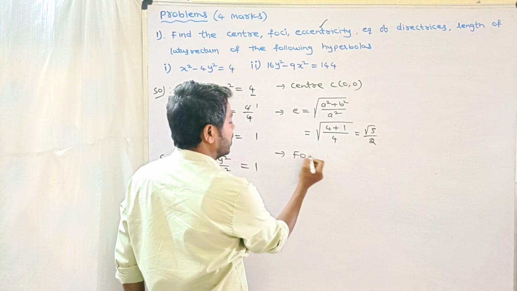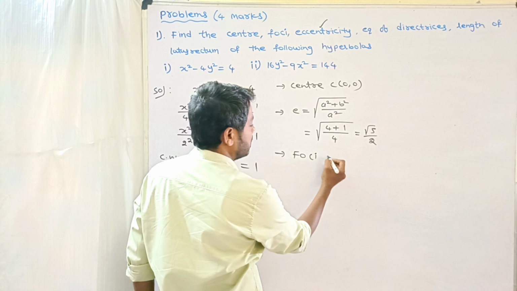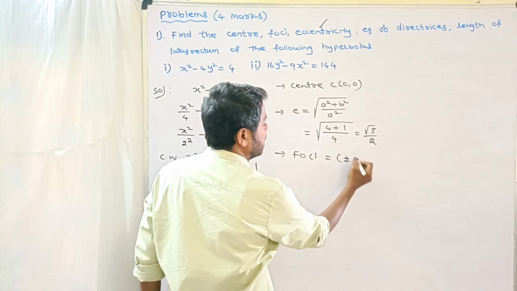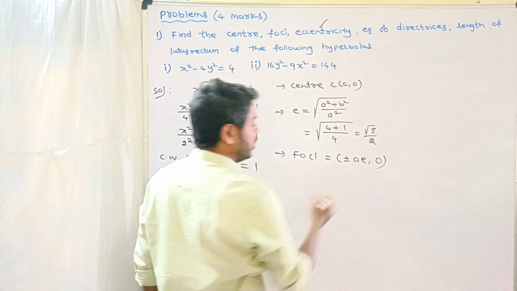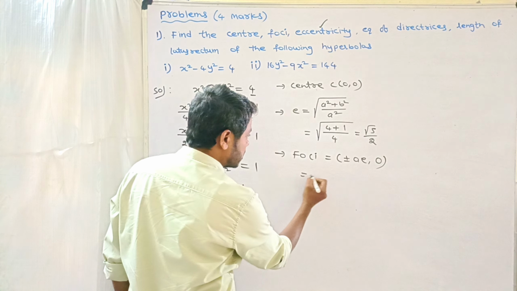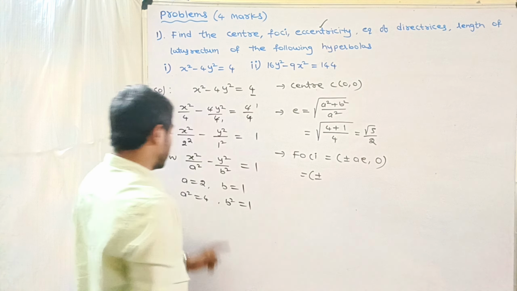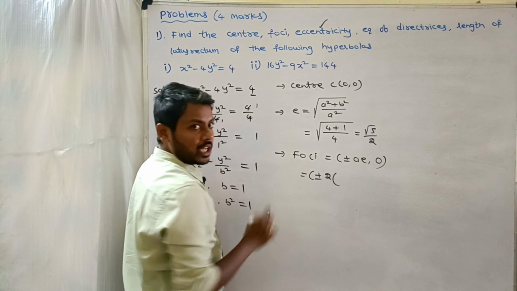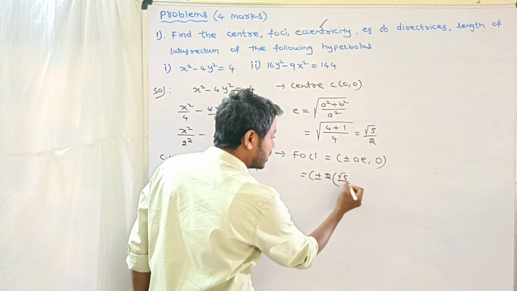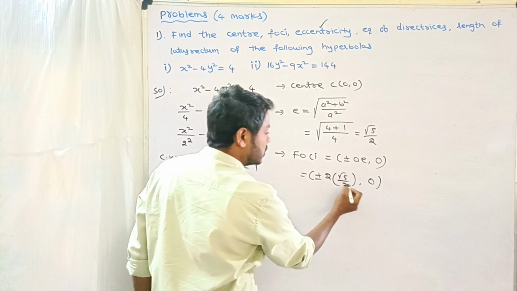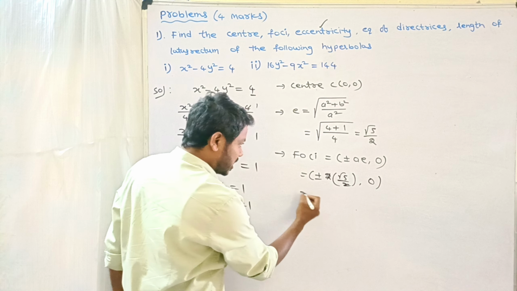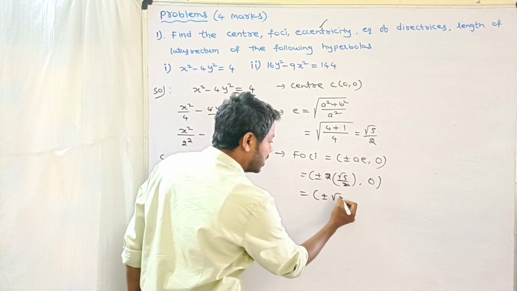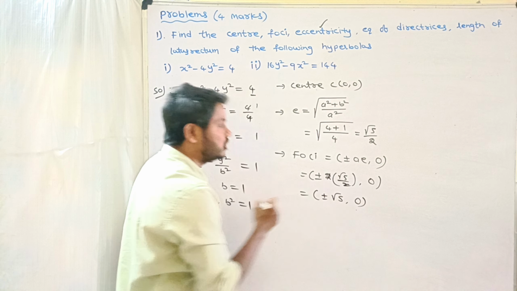We know that the foci formula is plus or minus ae, 0. So which is equal to plus or minus, what is a value? 2 into e value root 5 by 2, 0. So 2 gets cancelled. So what are the foci? Plus or minus root 5, 0.